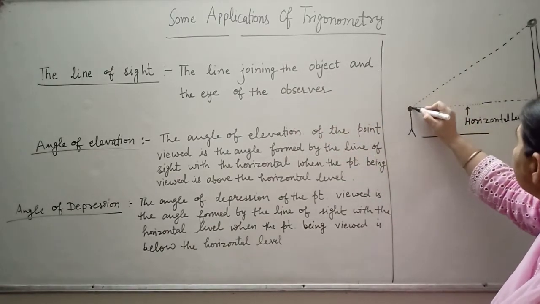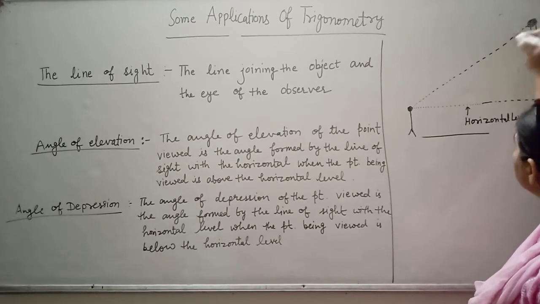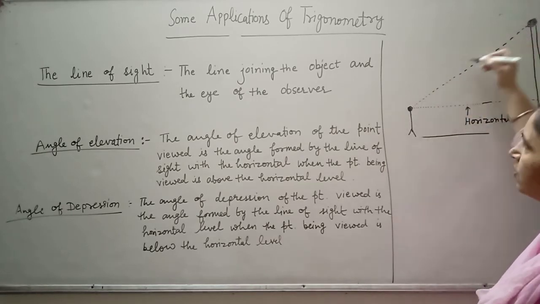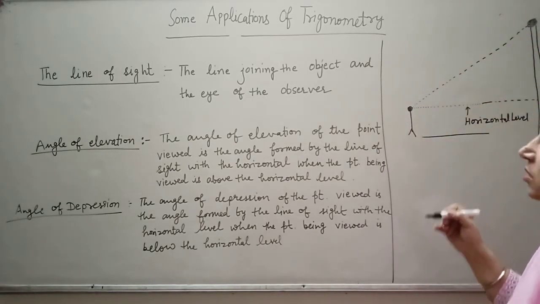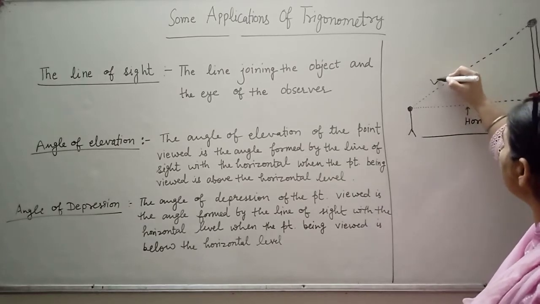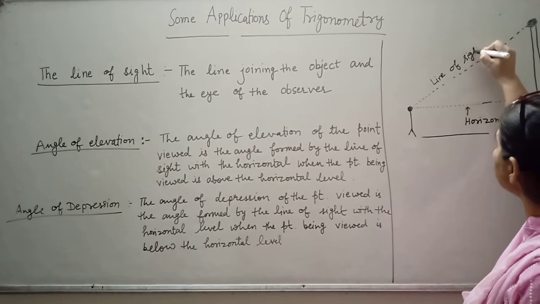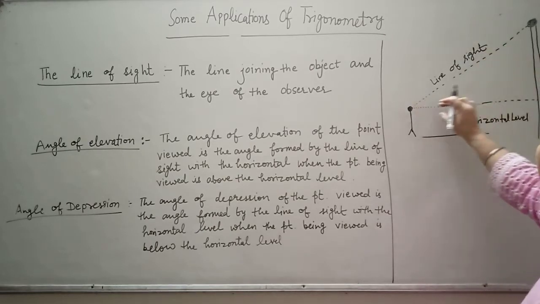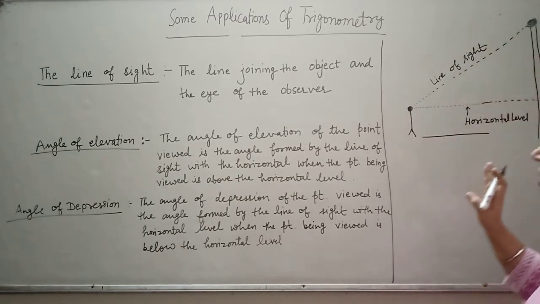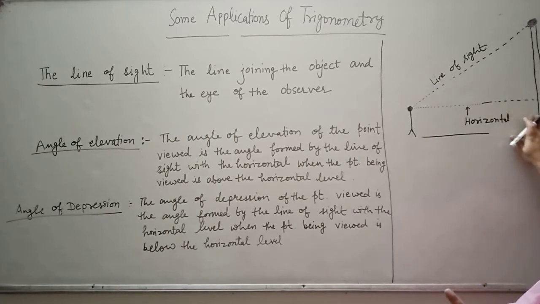This is the eye of the observer, this is the object, and the line segment joining these two is known as the line of sight. So this is the line of sight, and this is the horizontal level, or you can say the horizontal line.